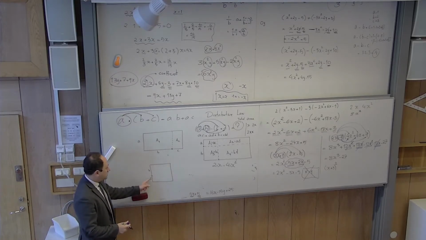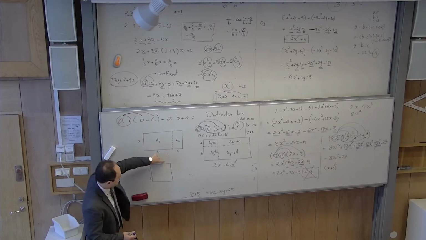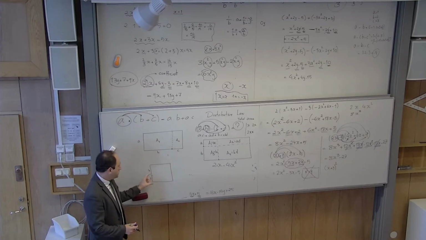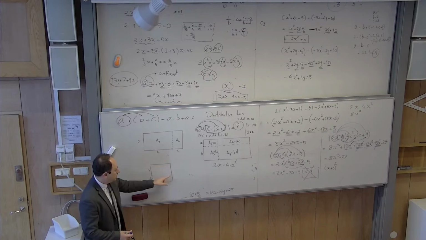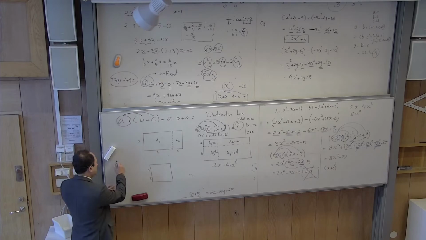So if I ask you what is the area of this square, so this side and that side, this side and that side are all equal in size. But I assume that this little part of it is x units, this little part is 3 units. And I ask you what is the area of the square.